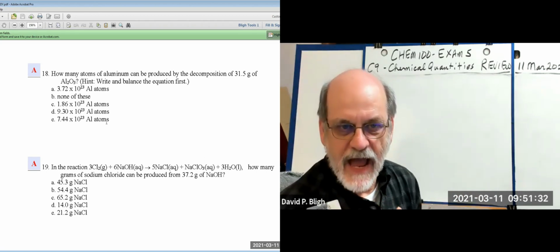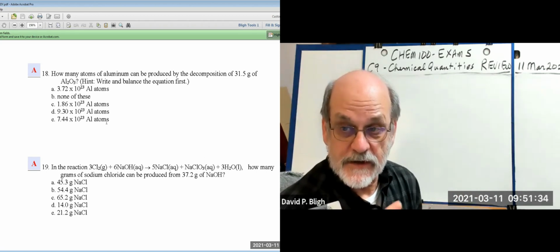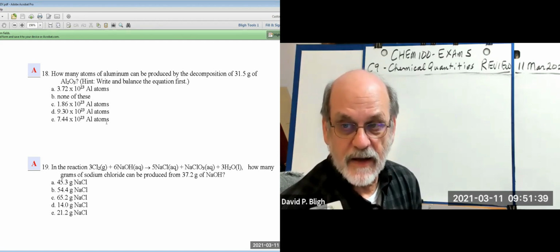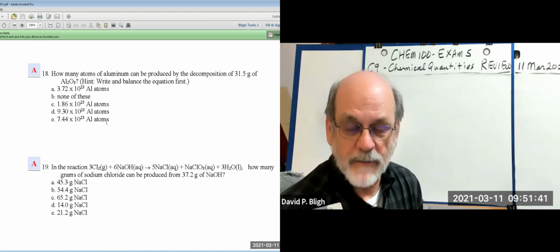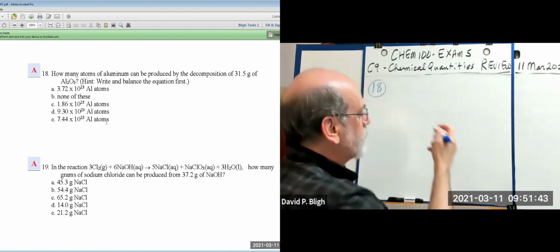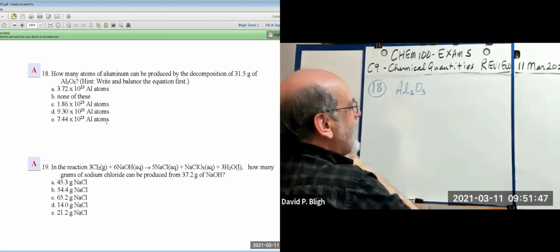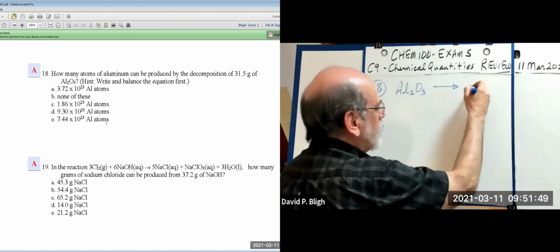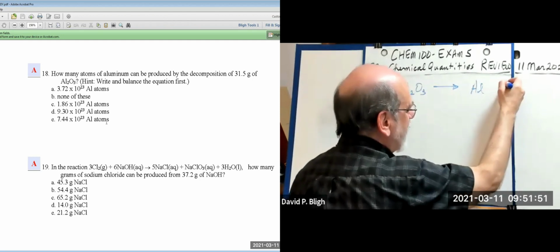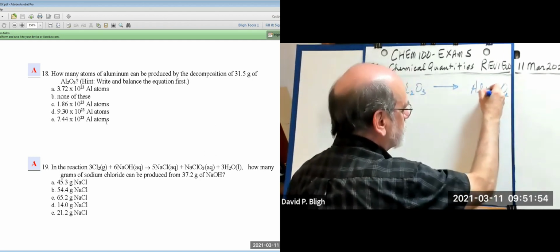Remember the types of reactions. Synthesis is combination of elements to make compounds. Decomposition takes the compound and makes elements. So if we decompose that, we're going to make aluminum and oxygen.